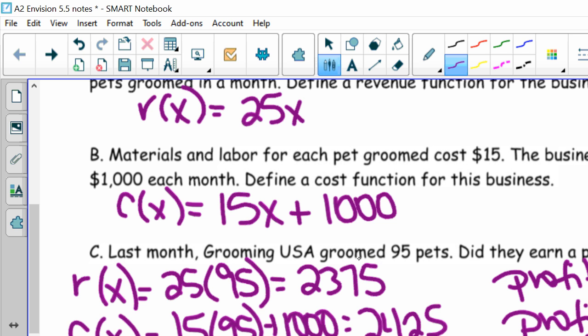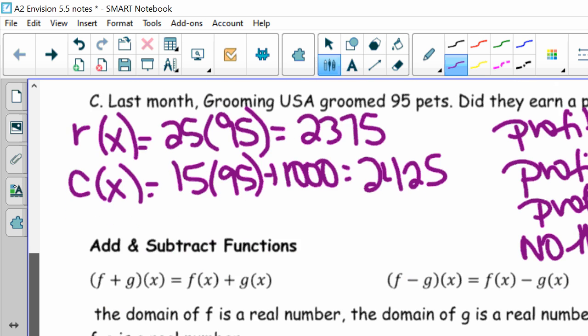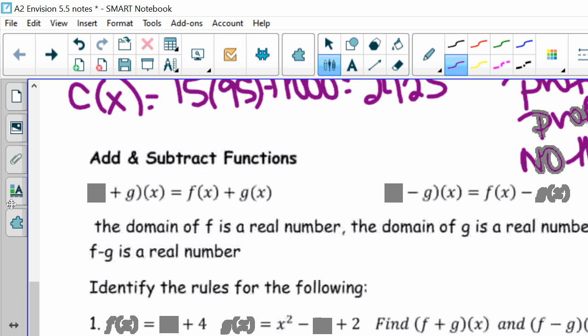So no, they did not earn a profit. They lost $50. If in a month they only groom 95 pets, they do not make any money, they actually lose $50.